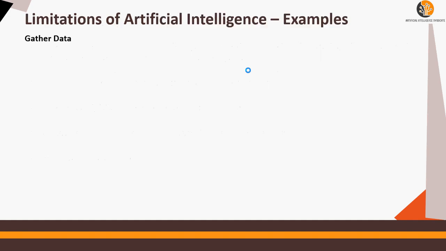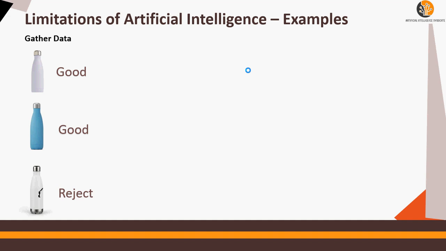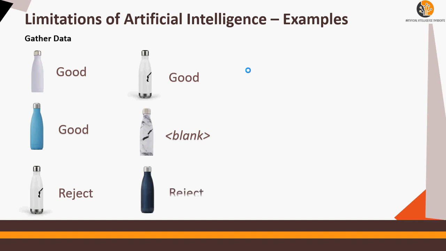Another limitation of AI is ambiguous data. Remember: ambiguous data, insufficient data, and mislabeled data. Let's assume we have these images which we trained the model on, and then we have more images for which you retrain the model. But this time, this is a mislabeled image, ambiguous, and insufficient.